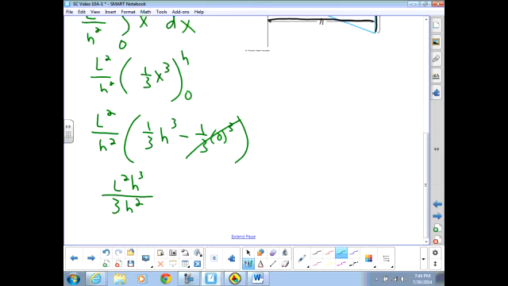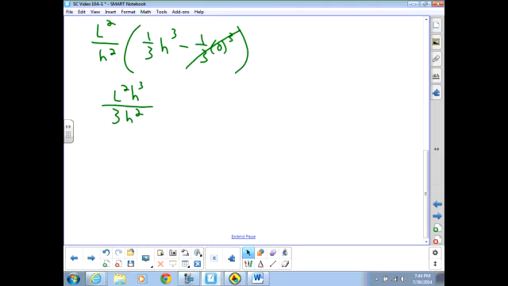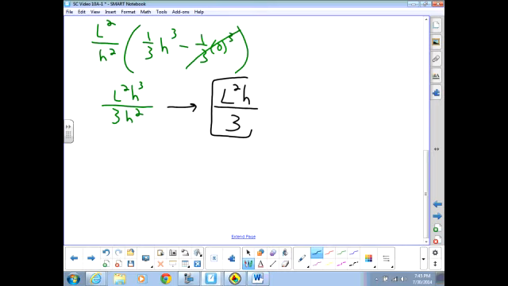Well, two of the h's will divide out, leaving us with L squared h over 3. And that is our volume of that pyramid because, again, remember, L and h are specific values in our pyramid, they are not variables.